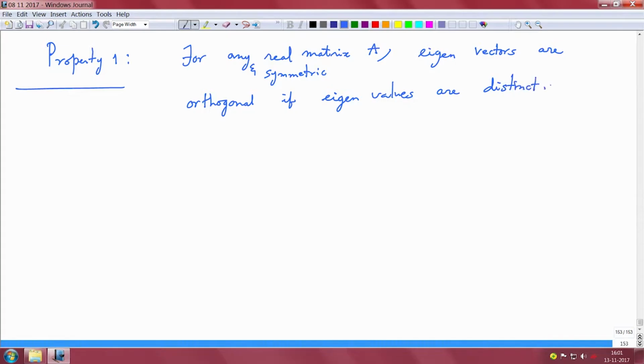An interesting property, right. I give you a real symmetric matrix and I do the eigen decomposition, right, and eigenvectors are orthogonal if eigenvalues are distinct.